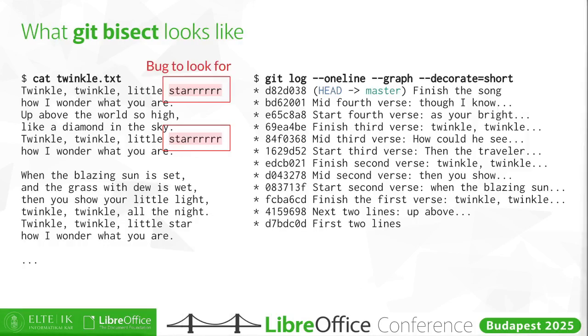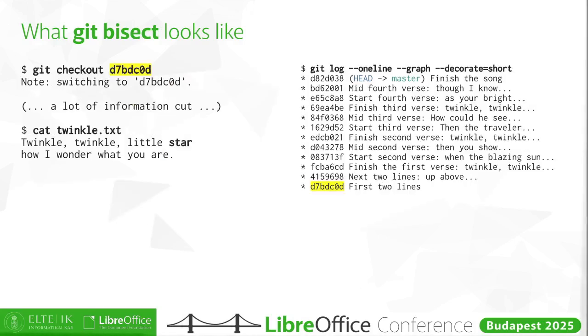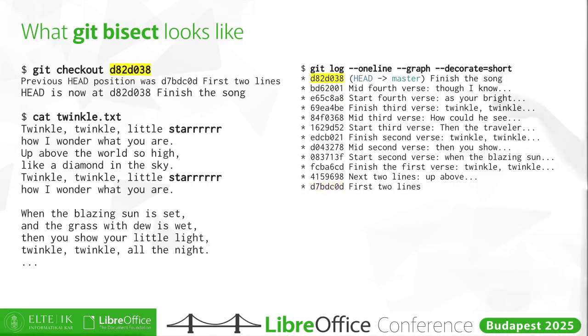In this case, this is the Twinkle Twinkle Little Star song lyrics, and I'm going to look for the misspelled star word. I have a list of commits. I know that the first one is good, and the most recent one is bad. So where did I make the change, right?